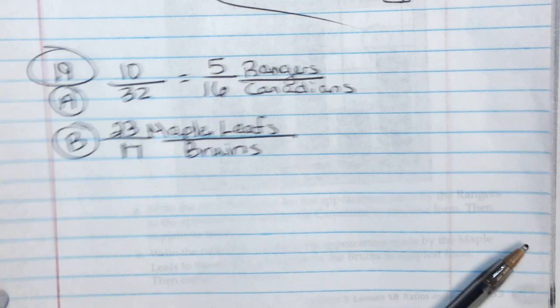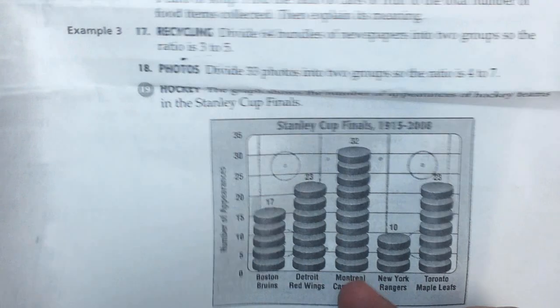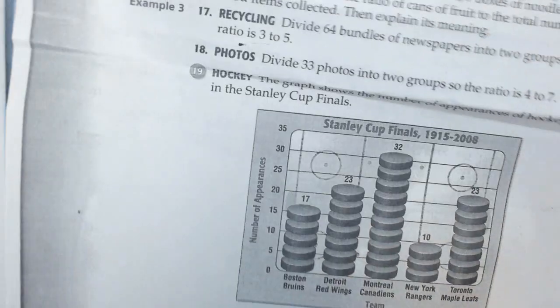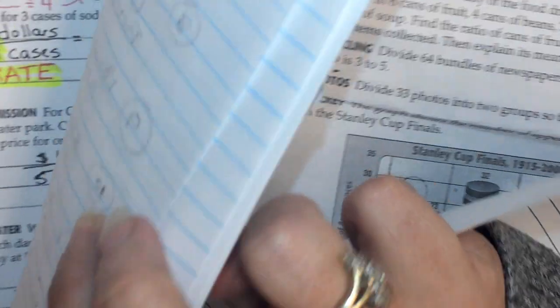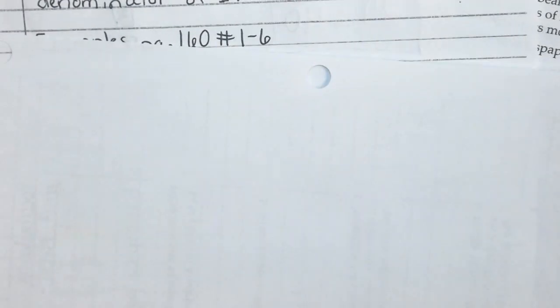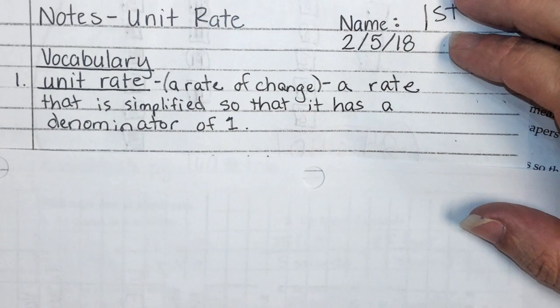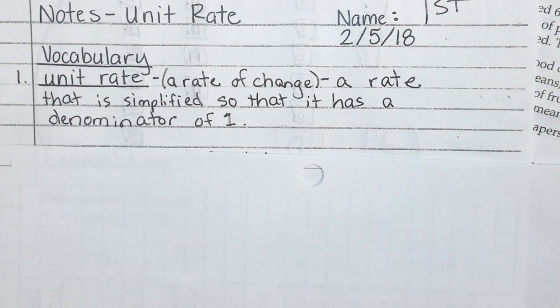Here we go. Let's start with the lovely definition. And let me find it. It's been a busy day. You wouldn't know I've been gone. And there it is. Okay, so unit rate. Here we go. It says it is a rate of change. So it's kind of like if you know 1 apple is $1, 2 apples is $2, 3 apples is $3.